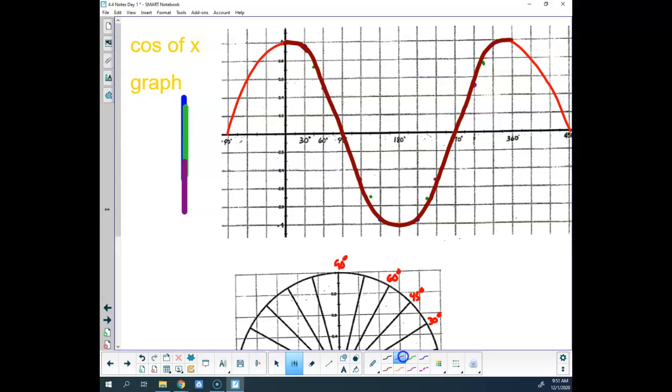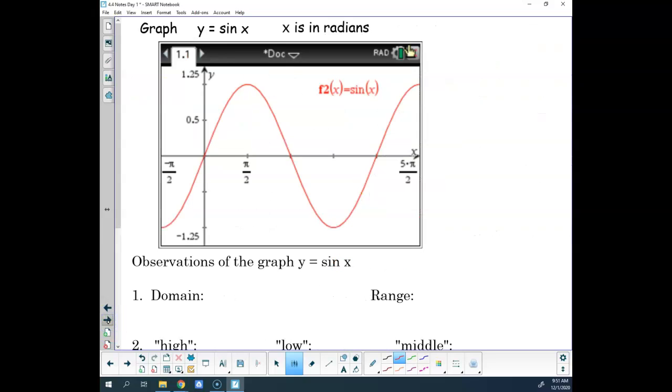All right, let's explore these functions a little bit more. So now we're going to keep your sheet out, but now we're going to be in your notes. Okay. So here is my sine of x function.